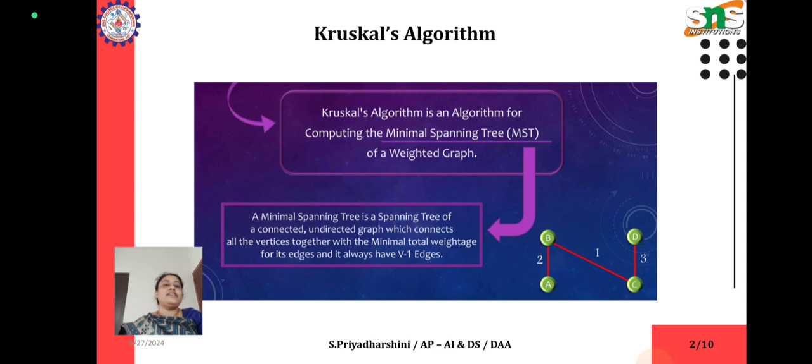A minimum spanning tree is a spanning tree of a connected undirected graph which connects all the vertices together with the minimum total weight for its edges, and it always has V minus 1 edges, that is, the number of edges will be the number of vertices minus 1.